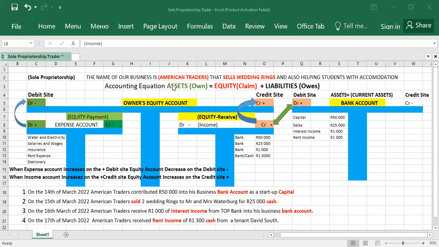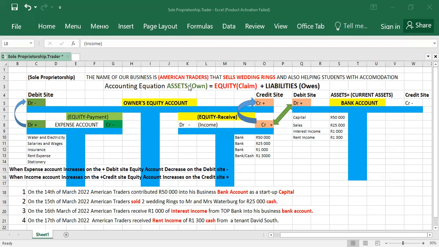Let me just remind you about this accounting equation. Now, what is an asset? Asset, it is what the business owns. And through this asset, we can generate income. How?